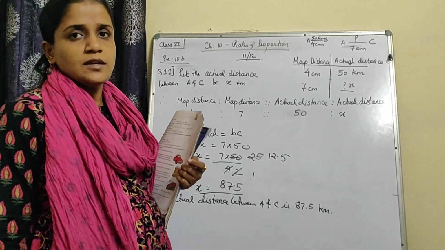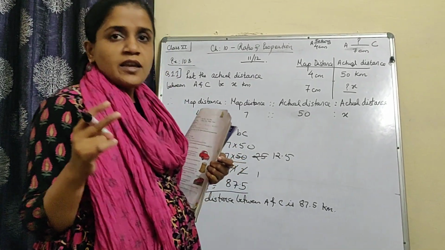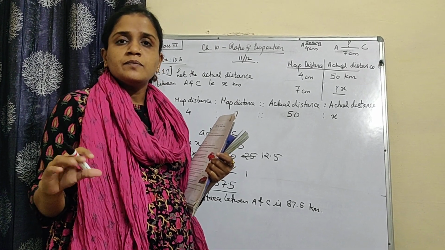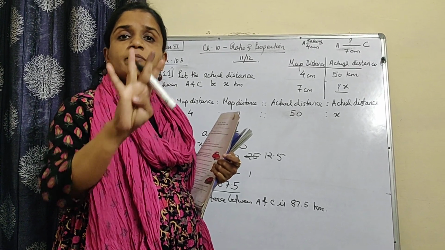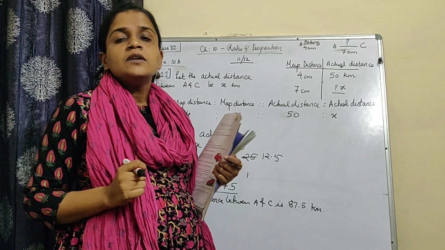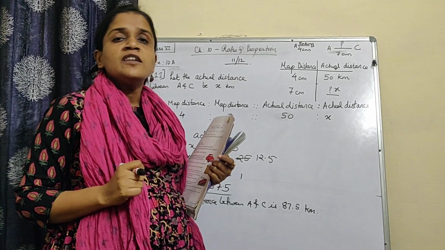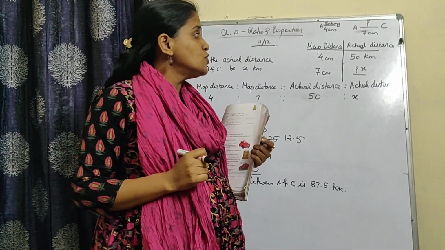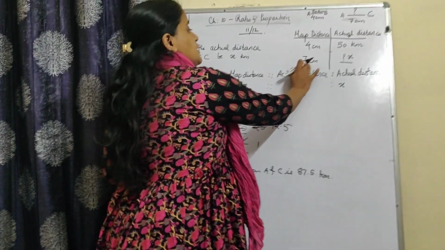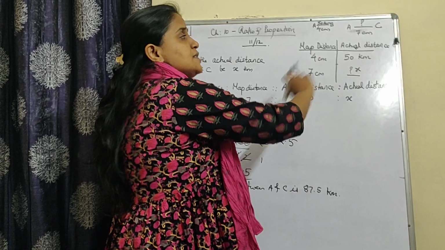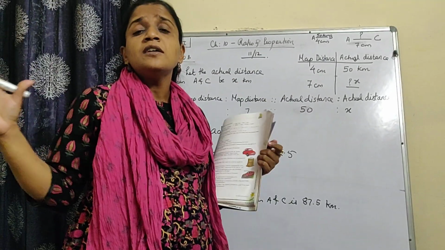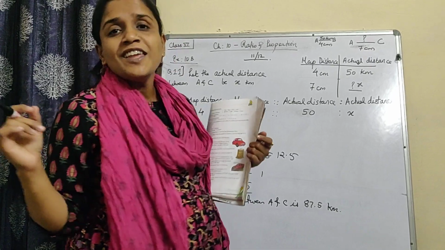I hope you are understanding. There are two places A and B. The distance between them is 50 kilometers. On the map it is represented by 4 centimeters. So if there are other two places A and C whose map distance is 7 centimeters, how much will be the actual distance between A and C?